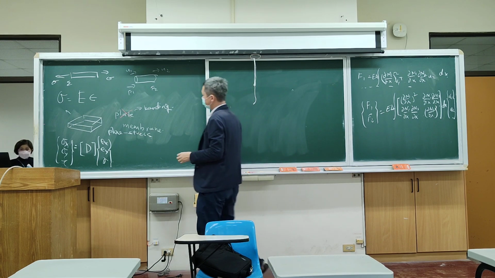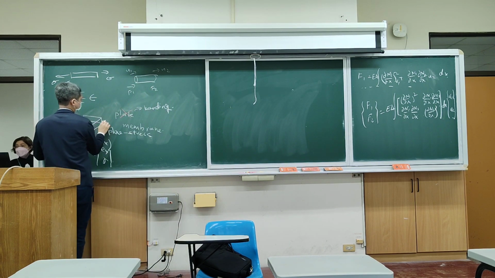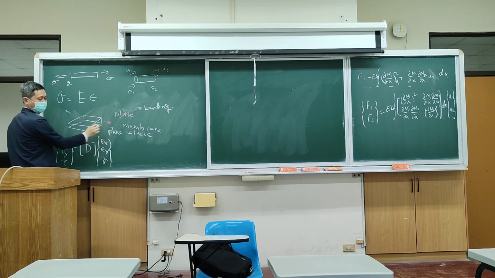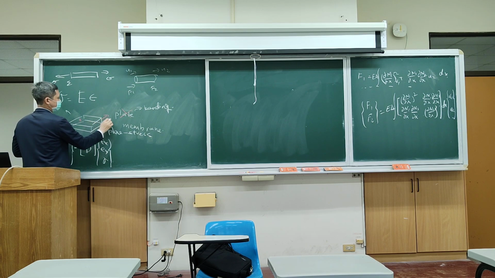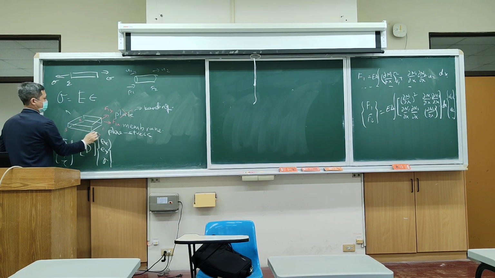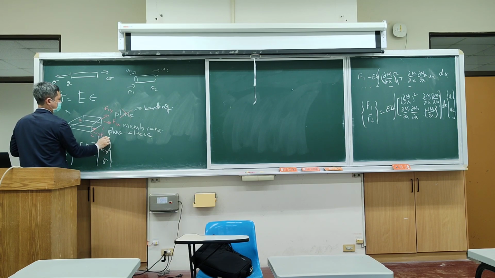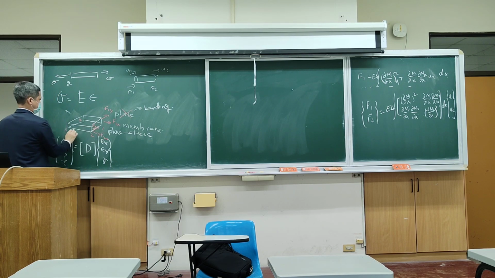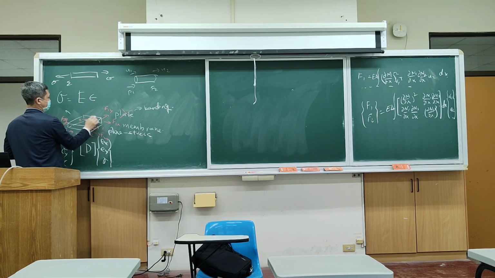But this time round, the nodes will be not 1, not 2, not 3, not 4. Then you have the F1x, F1y, F2x, F2y, F3x, F3y, F4x, and F4y.